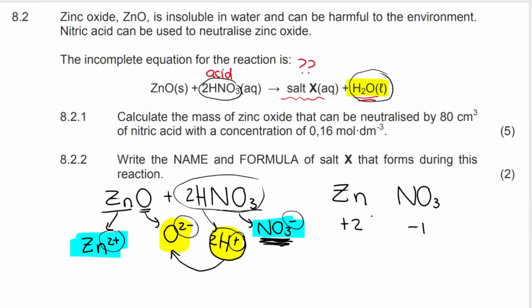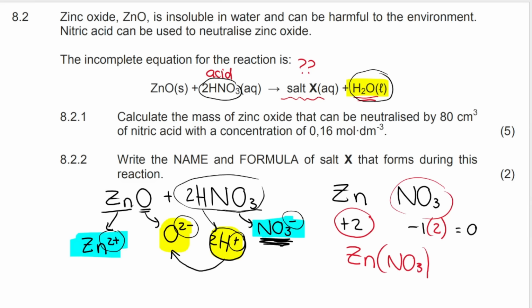Remember, when we put chemical atoms together like this, when we're doing our naming, this must equal 0. Does 2 minus 1 give me 0? No, I have to multiply this by 2. So it's going to be Zn. Did I multiply this by anything? No, so it's just Zn. Then NO3, what did I multiply it by? 2. That is not obvious, knowing how to do this.